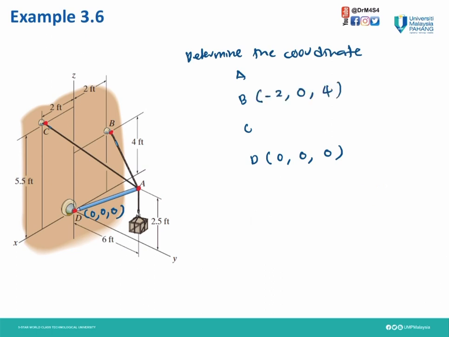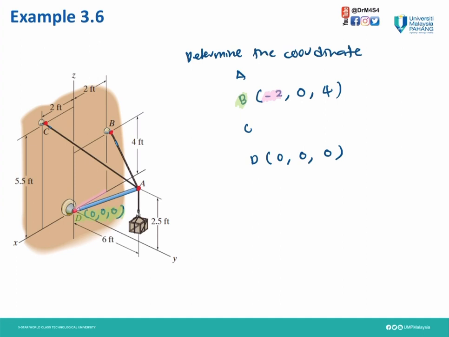Once we identify D as our origin, which is point 0, 0, 0, then we can identify the other points. For example, we take point B first. From point D, our origin, on the x direction to go to point B, it needs to move 2 feet on the negative x-axis, therefore negative 2 on the x-axis.